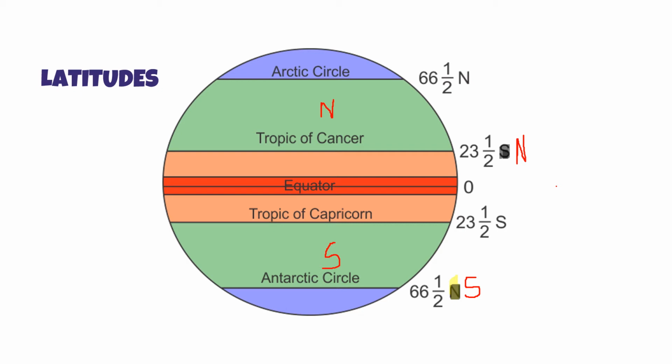Similarly, the equator is measured as 0 degree, and below the equator you have the Tropic of Capricorn, measured as 23.5 degree south.